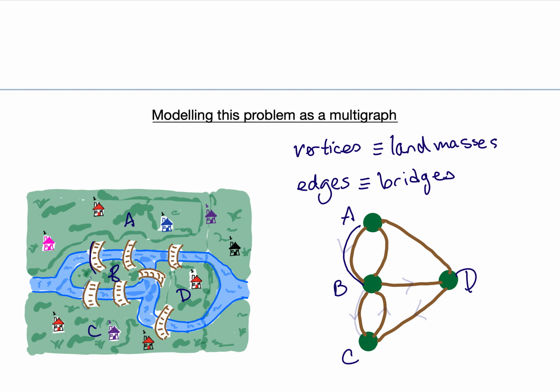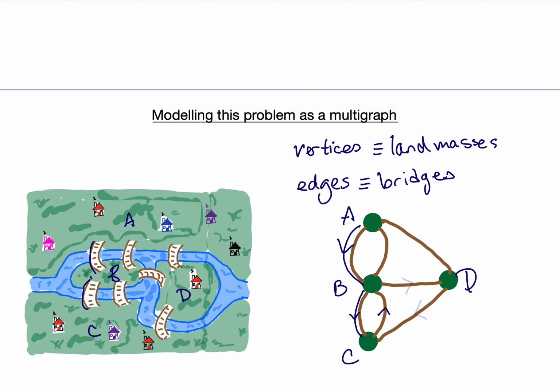So I could start a walk or a stroll through this town, trying to go over every bridge exactly once. Let's say I started at A, the landmass A, and I went over this bridge first. There are different options, but maybe I go over this bridge next. So I've just come down into C, and again, different options.